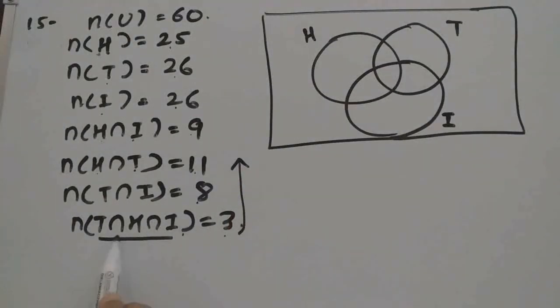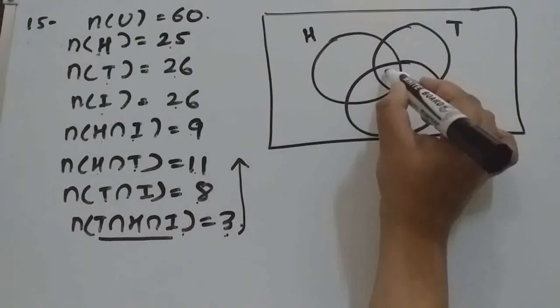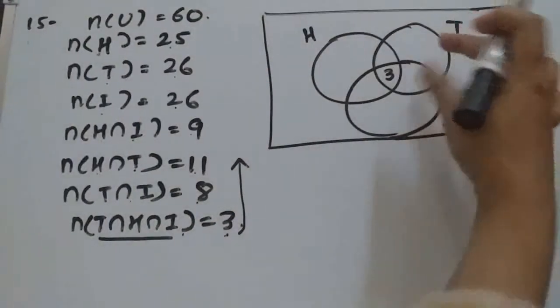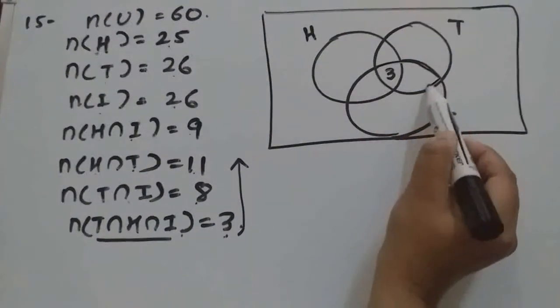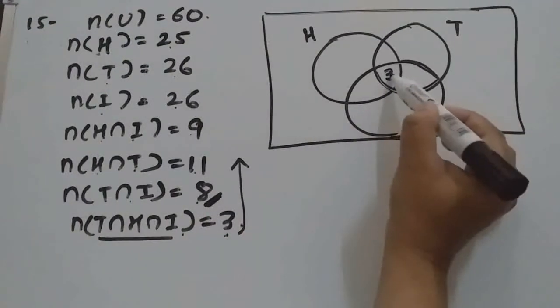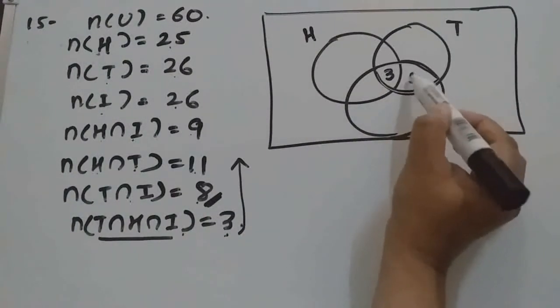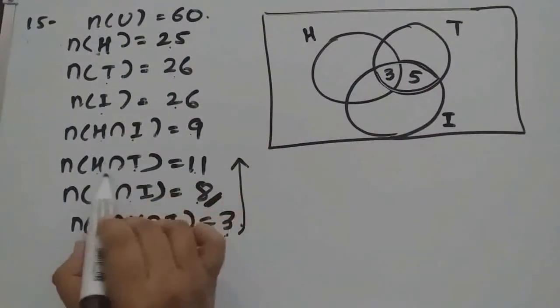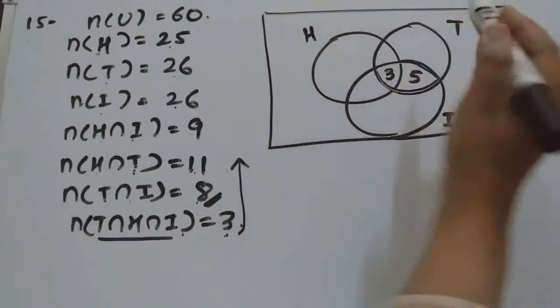This is given as 3, that means all the intersection, this value is 3. Then T intersection I, this value is given as 8, but we already counted 3 here, isn't it? So this will be 5. 5 plus 3 is 8. This particular area is 8. H intersection T means this intersection.